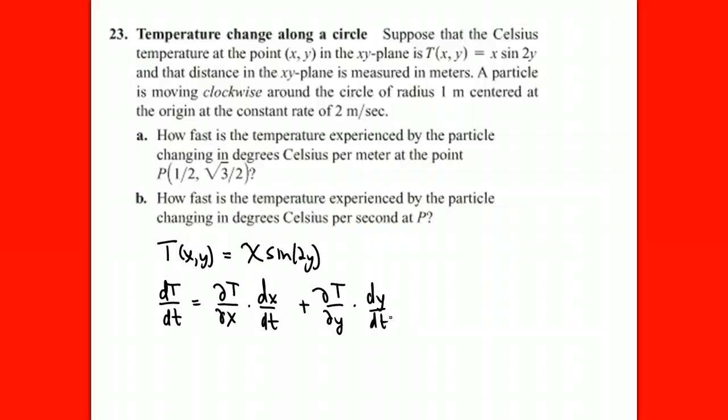We don't have either of those. We have how z is changing with time. Basically, we know how fast the particle is moving. Let's take a look at that. I have this unit circle, which has the equation x squared plus y squared equals 1.